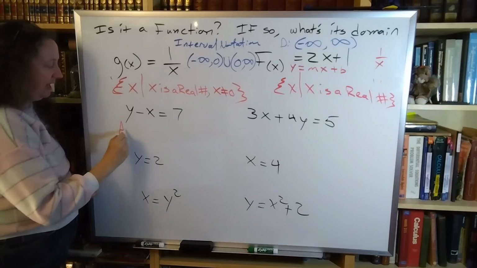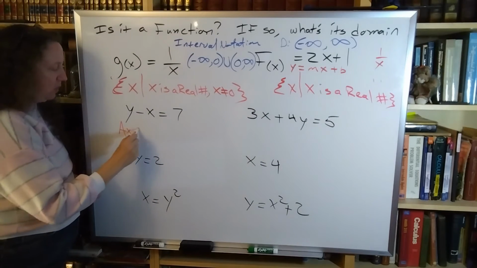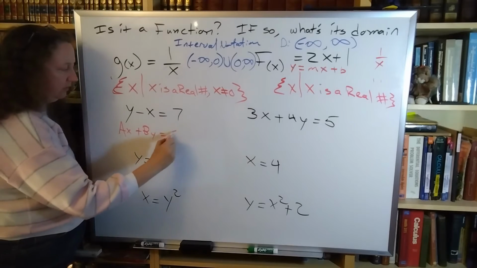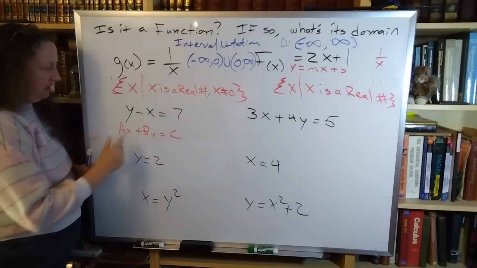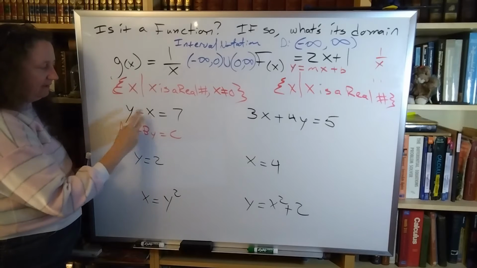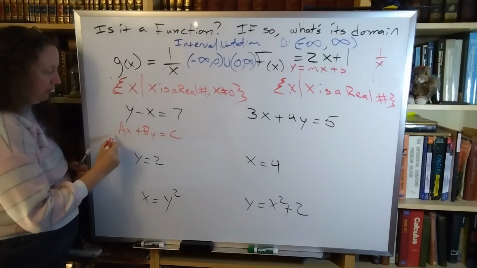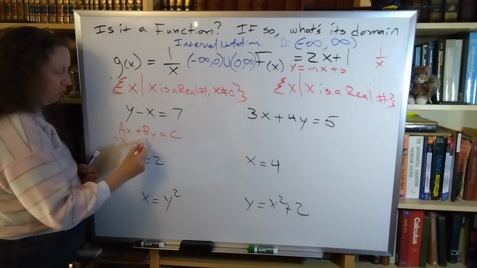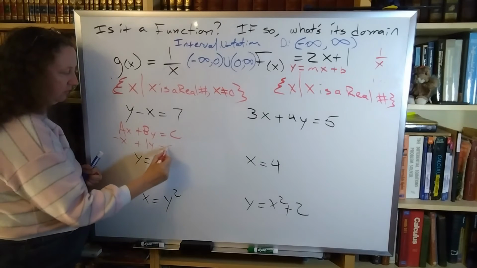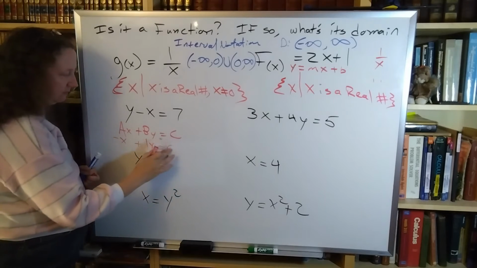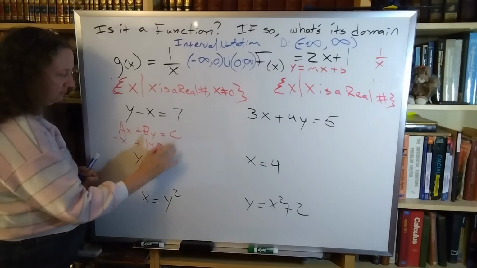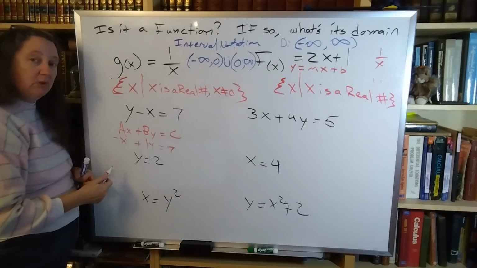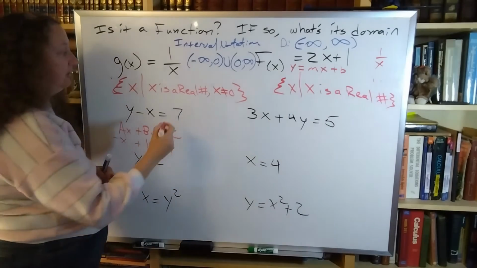This one looks like ax plus by equals c. So I just have to flip that around, and I would make that negative x plus 1y equals 7. And yeah, that one looks fine. So this one, yes, it is a function.